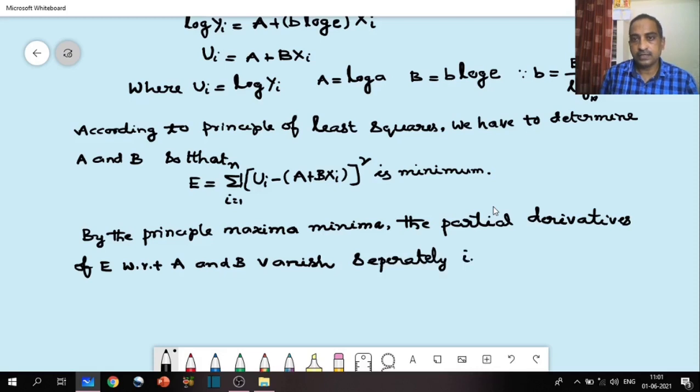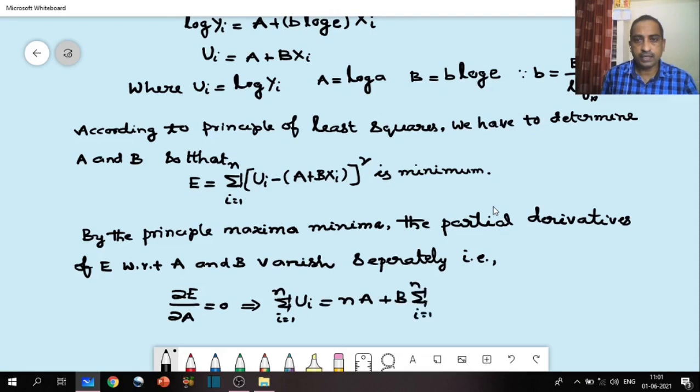So that is what it means, dou E by dou A equals 0. If you do that, what you get is summation ui equals nA plus B summation xi. This is equation 3, right?